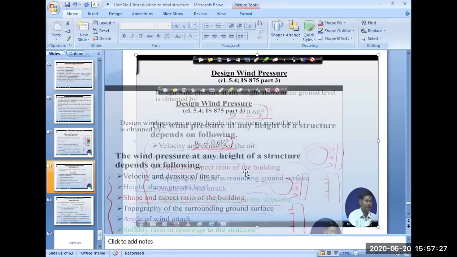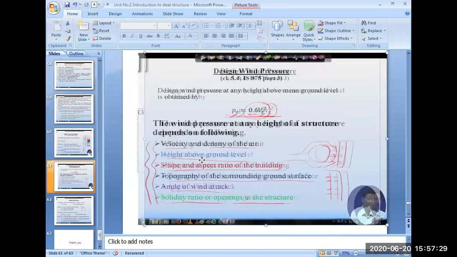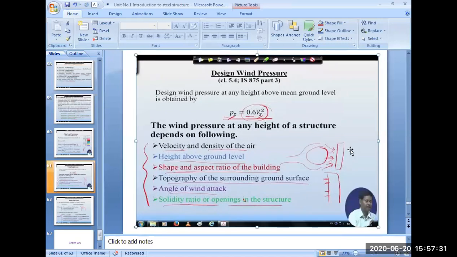Then angle of wind attack. We will learn in detail in unit number 7, in roof truss, how to calculate wind load and how to consider the angle of wind. Angle of wind means sometimes wind is acting perpendicular to our inclined roof, or sometimes wind is acting parallel to our inclined roof.